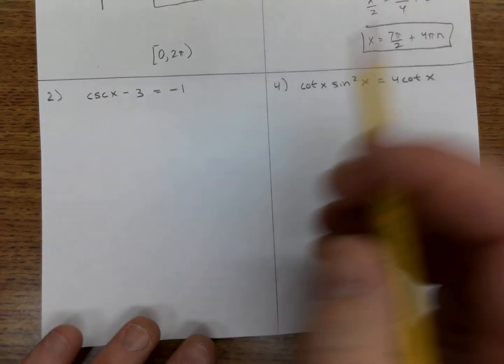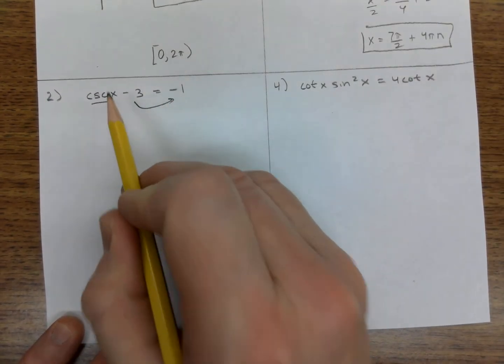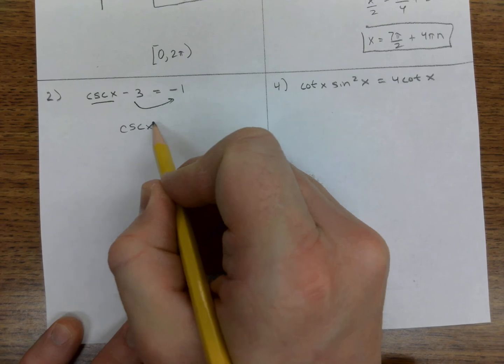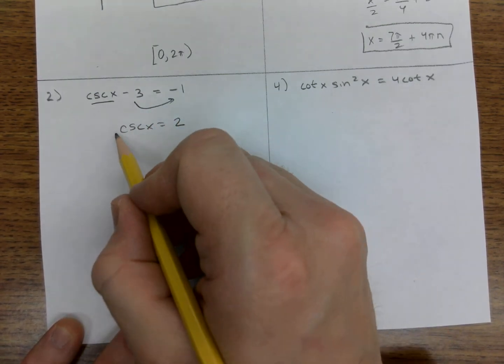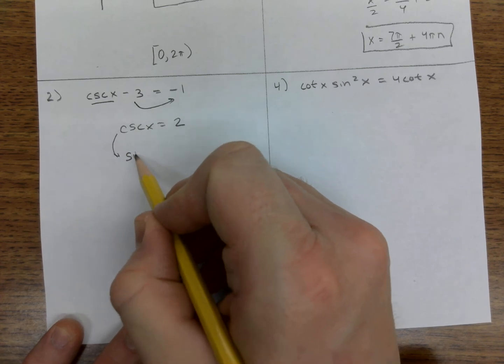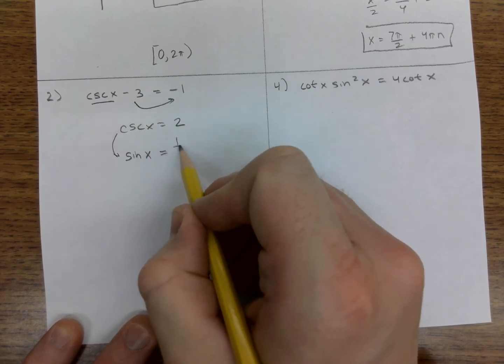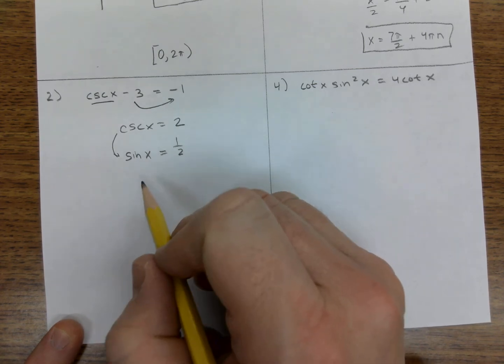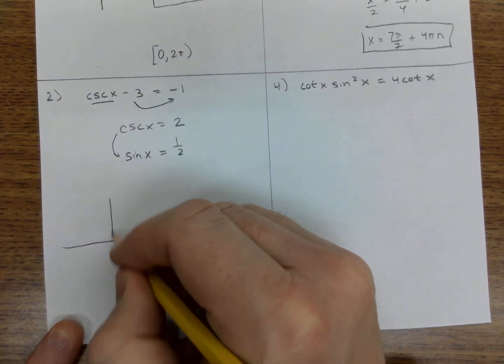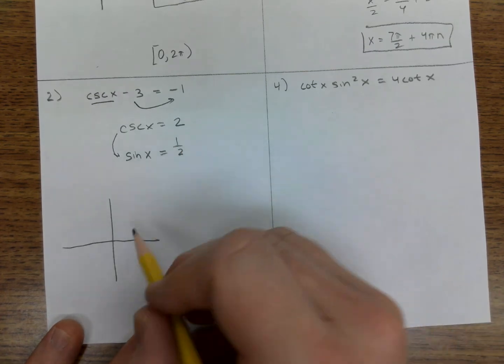Number 2, well, let's isolate cosecant, and that would be cosecant of x is equal to 2. Not real good with cosecant functions, so I'm going to change it to a sine function, and sine is a reciprocal, so sine of x is 1/2. Now this is isolated. Well, you're going to do a lot of little triangles like this. Where is sine 1/2?